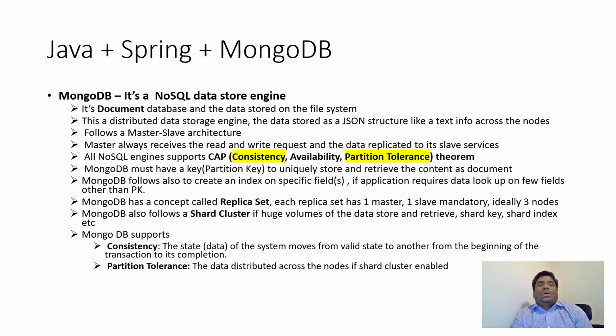So as I was telling, we need to understand how MongoDB has been implemented. MongoDB has been implemented using C++ as the language, and it follows a master and slave model. That means whatever writes or reads happen through the Mongo database should go through the primary master service, because that will have the consistency of the data.